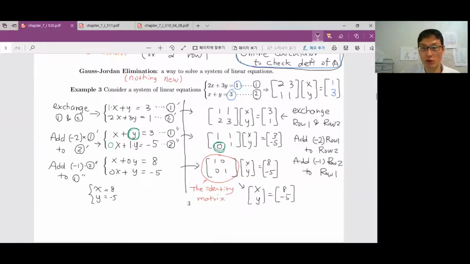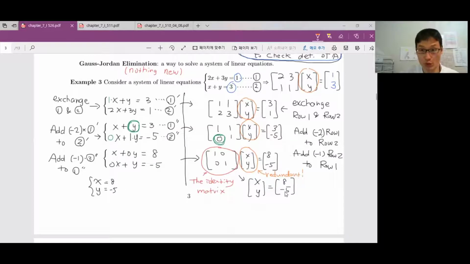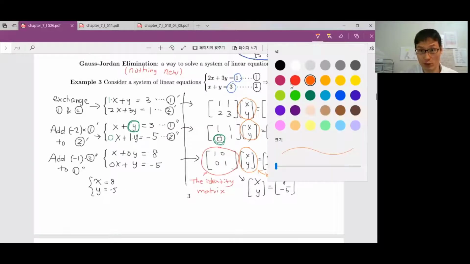Look at this x and y. This is redundant. For every step, we repeated x and y, but this is redundant. We can suppress this to get even shorter writing. So that's what we will do on the very next page.